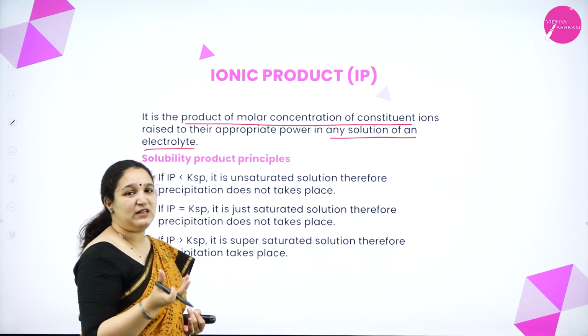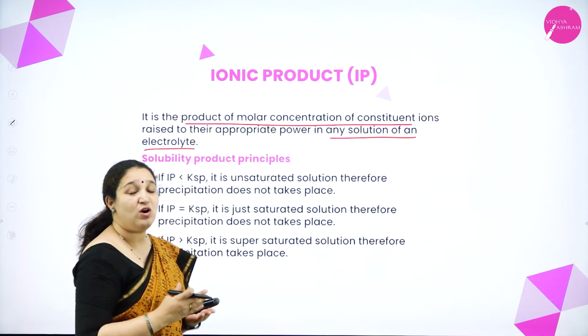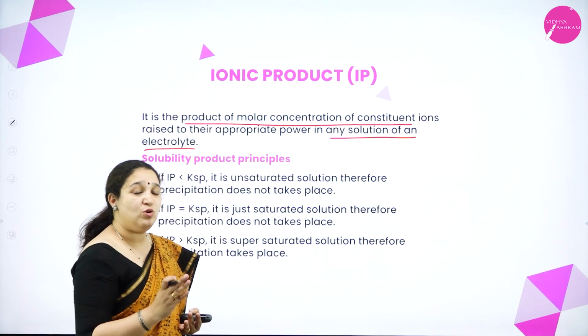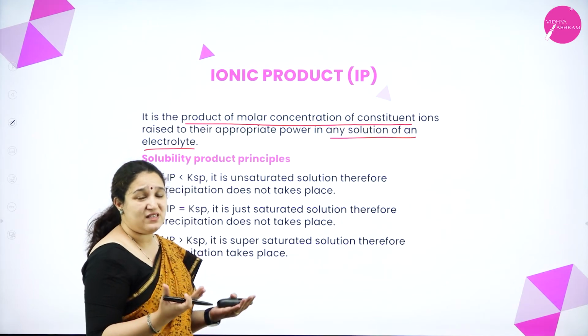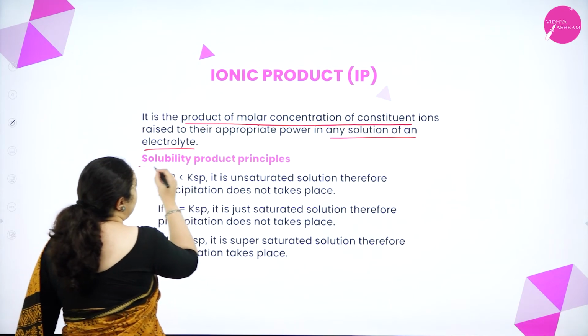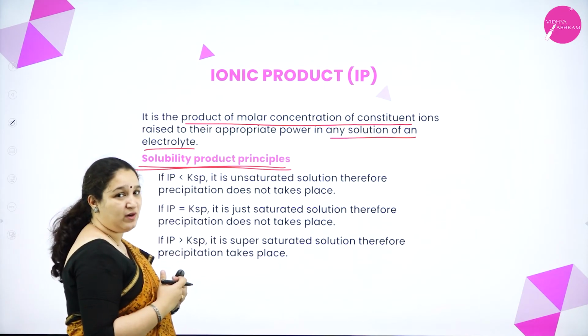You just have to multiply the molar concentration of the ions raised to their appropriate powers. That's called the ionic product. But solubility product is applicable for sparingly soluble salts where there is an equilibrium, isn't it?